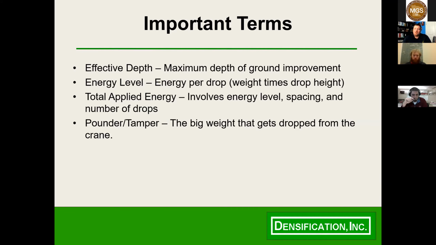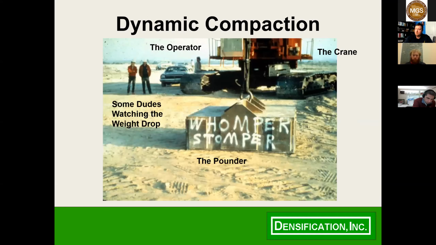Total applied energy, which we'll get into with the FHWA design approach, is, if you think of it this way, you've got a rectangular cube of soil, an area of a building and a depth you're trying to improve. Your total applied energy is essentially your energy per unit volume to make that soil useful. And then pounder, tamper, basically that's the weight that you're dropping, and we call that all kinds of different things.